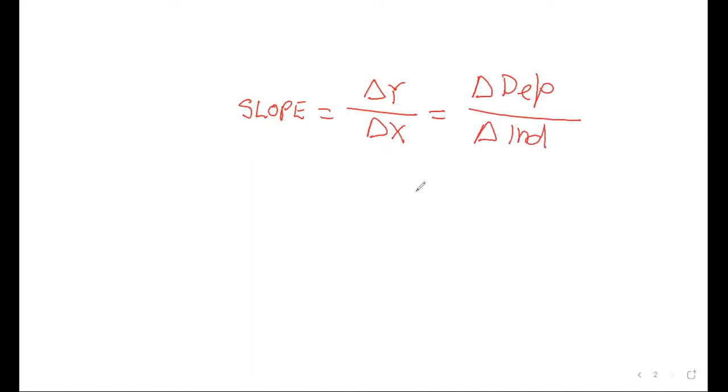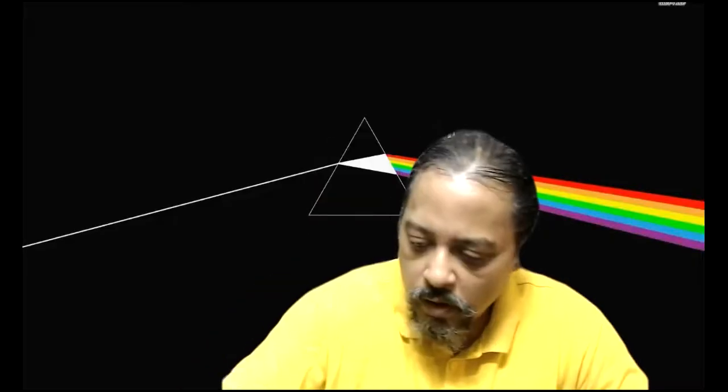We read this as change in dependent due to change in independent. Achha. When we calculate speed, do we calculate in terms of time? Distance in terms of time?